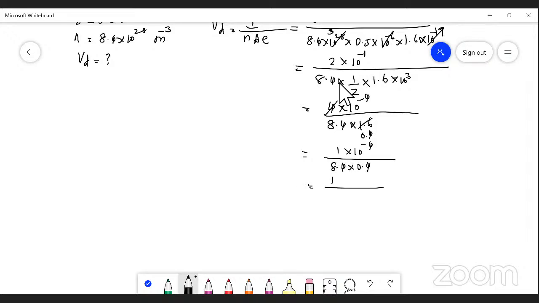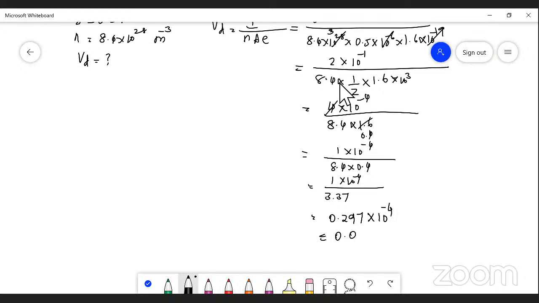1 divided by 8.4 into 0.4 will be hardly 3.37 into 10 power minus 4. When you divide 1 by 3.37, it is 0.297, times 10 power minus 4.